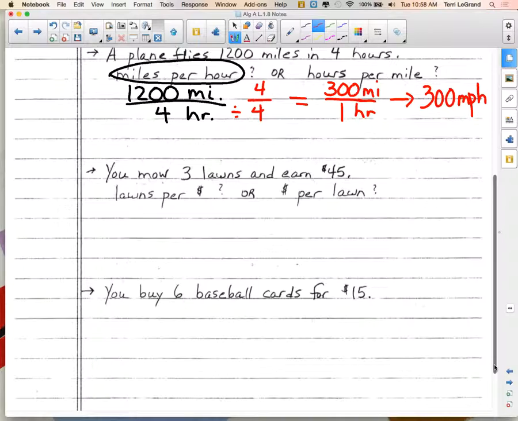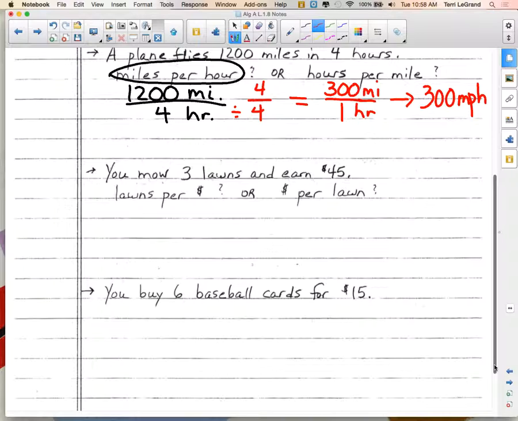So, let's go on to our mowing 3 lawns and earning $45. Would it make more sense to figure out how many lawns you do per dollar, or would it make more sense to figure out how many dollars you get paid for 1 lawn? Which one makes more sense? Dollars per lawn. Dollars per lawn makes more sense than lawns per $1, right?